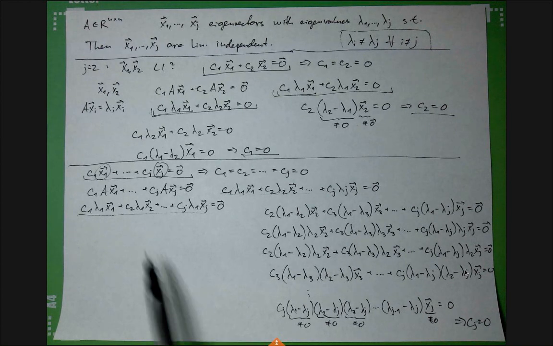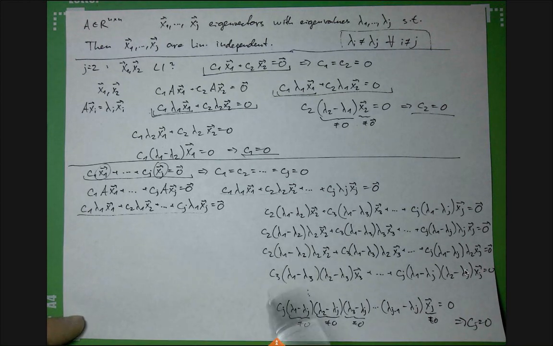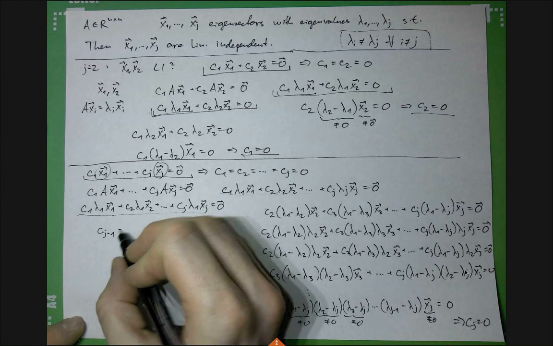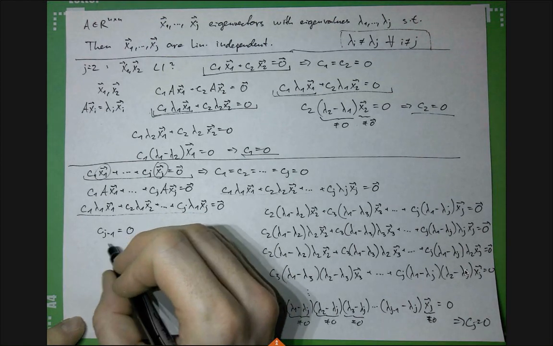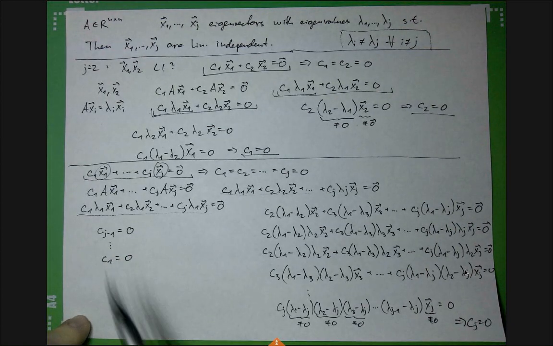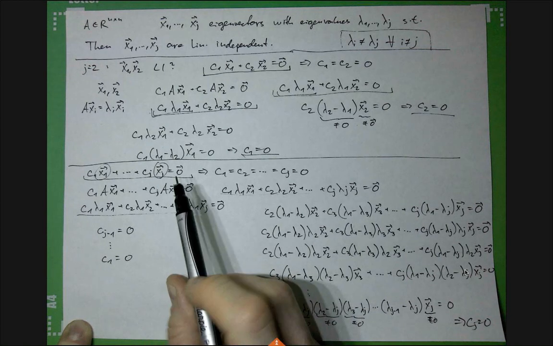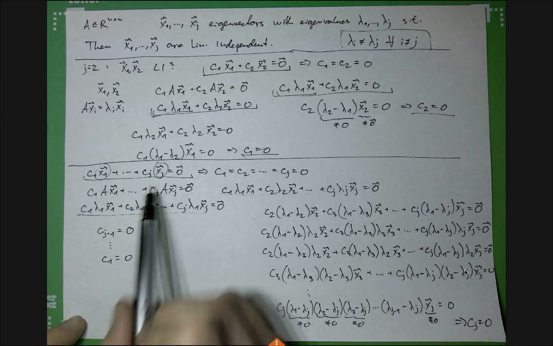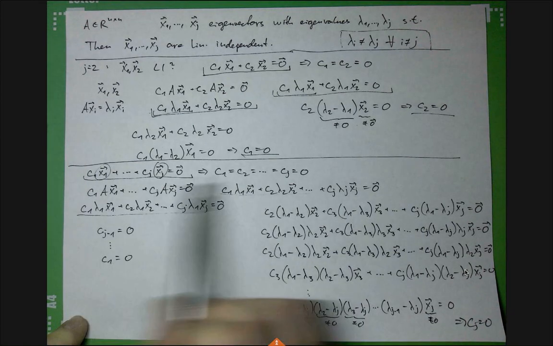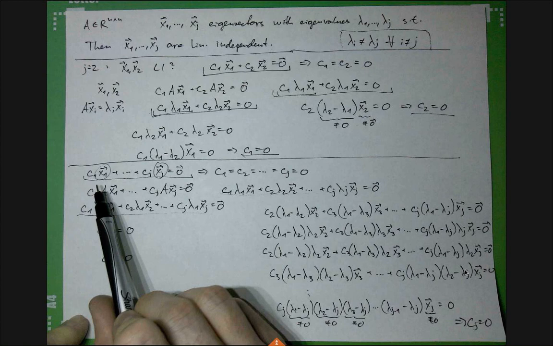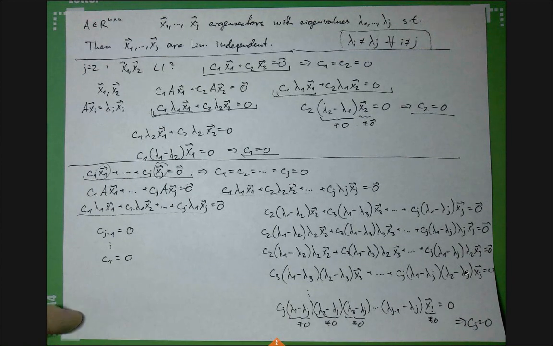But I can do the same elimination for all of them. So the same way I can get Cj minus 1 is 0 and so on till C1 is 0. So indeed, from this assumption and from the fact that the x's are eigenvectors corresponding to unique eigenvalues, I derive that all the C's must be 0, which means that the eigenvectors are linearly independent. Makes sense?